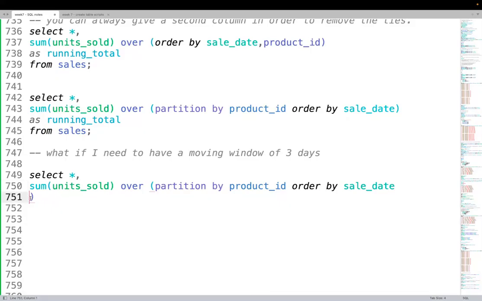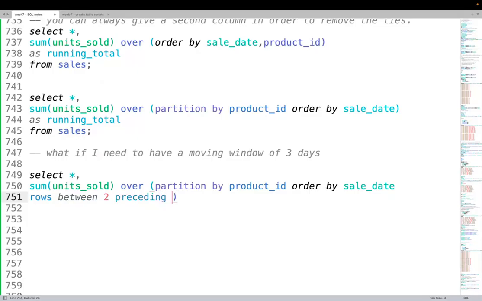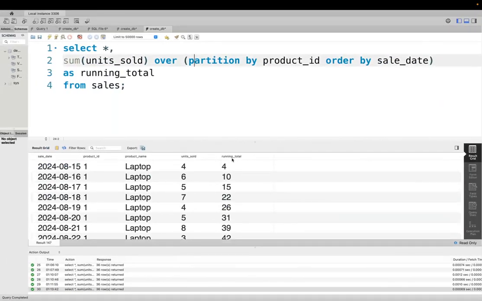What I have to say is rows between two preceding and current row. That means two previous rows and the current row. I'm saying my window size is two preceding and current row. Earlier, when you are not specifying, it is from the starting till here, that means unbounded preceding.